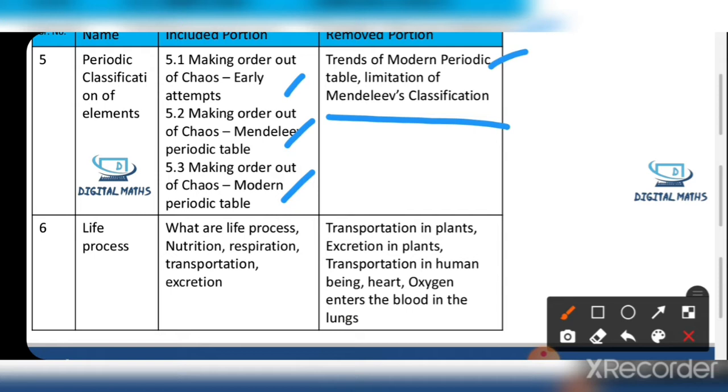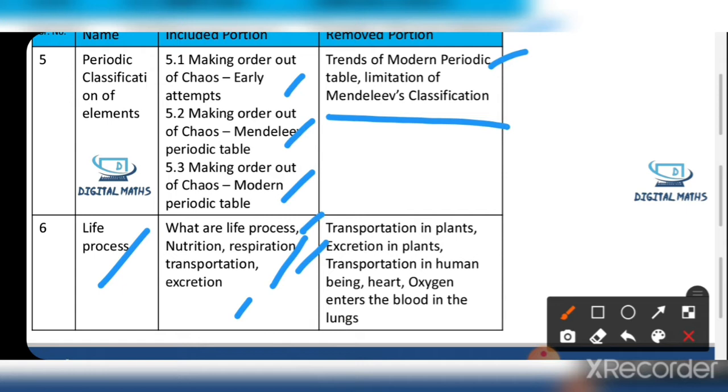Now we have to see chapter number 6, life processes, which is the included portion and which is the removed portion. What are life processes? Nutrition, respiration, transportation and excretion are included in chapter number 6. Which is the removed portion?